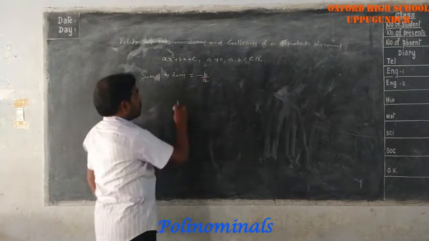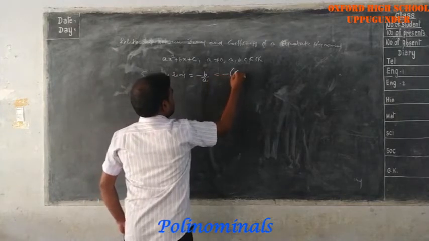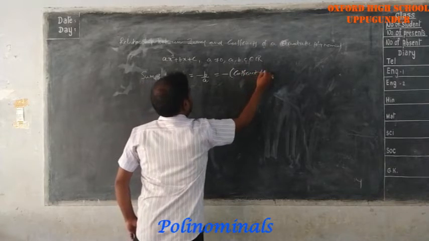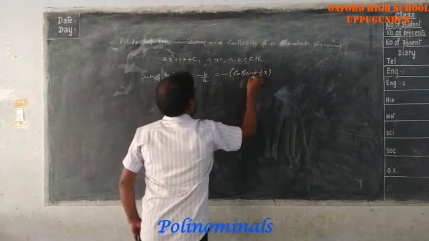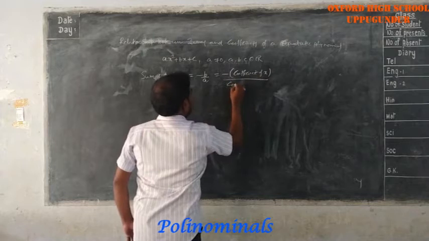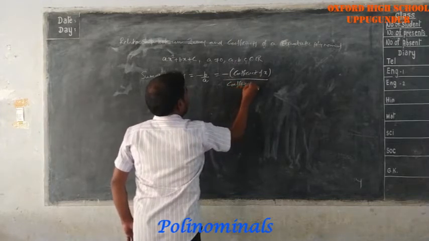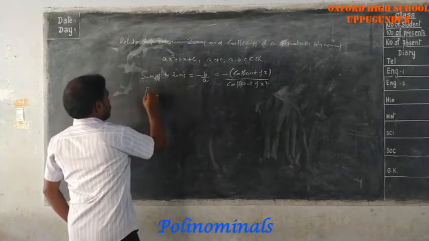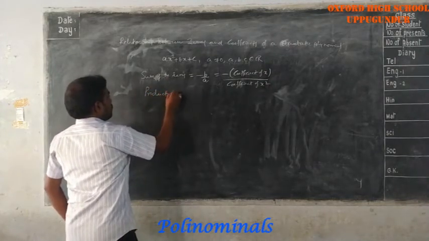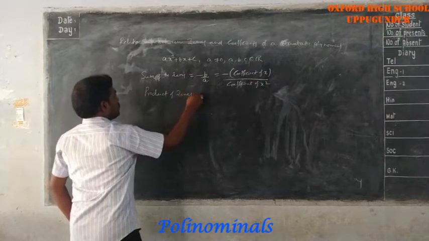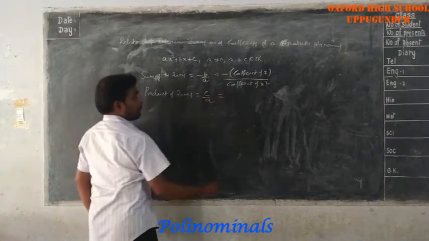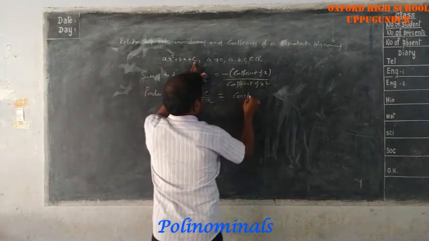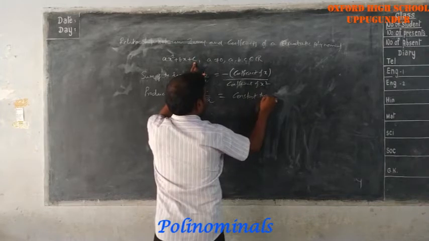That means minus coefficient of x by coefficient of x square. The product of zeros is equal to c by a. C means the constant term by coefficient of x square.